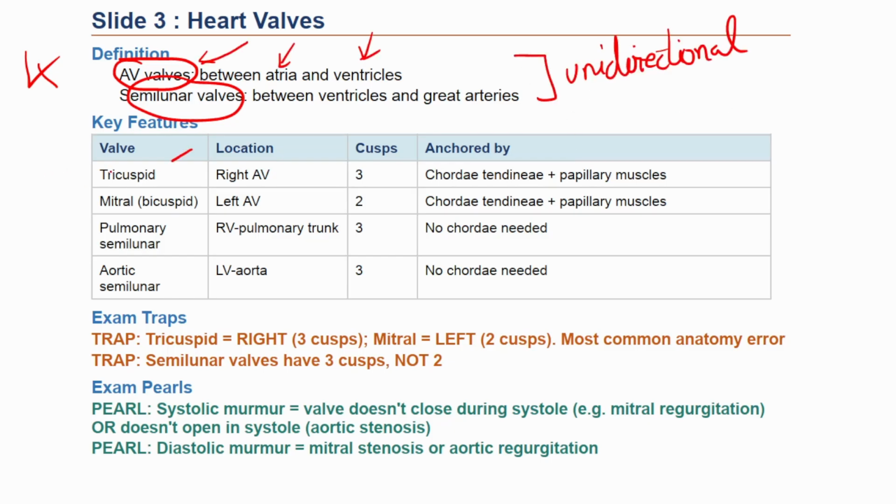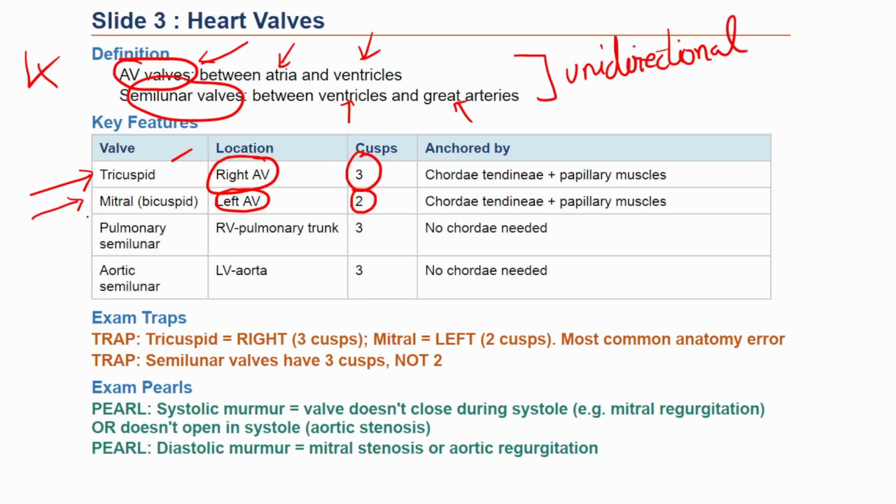Looking at the key features table, we first see the tricuspid valve. This specific AV valve is located on the right side of the heart between the right atrium and right ventricle and is characterized by having exactly three fibrous cusps. The mitral or bicuspid valve is located on the left side of the heart between the left atrium and left ventricle and is uniquely characterized by possessing only two structural cusps or flaps.